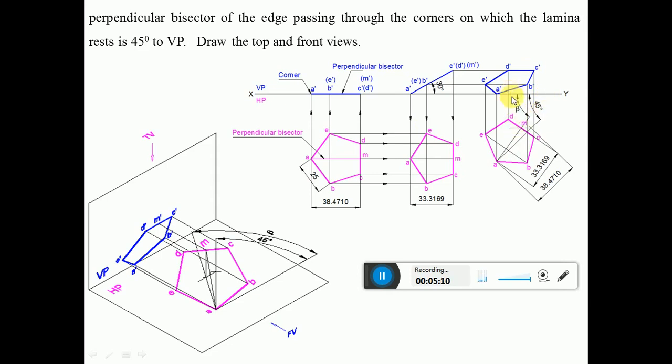The inclination made by this apparent inclination will be beta. That is what we have shown here. First we have drawn the 45-degree line, taken the true length of the perpendicular bisector and cut it, and got the locus. Then take the apparent length of this and cut an arc on this, so that you are going to get this line.